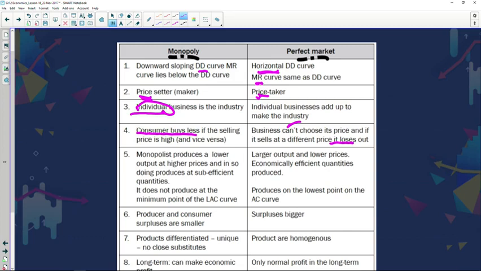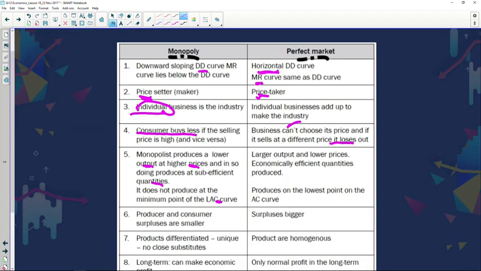Then moving on to the monopolist. The monopolist produces a lower output at higher prices. In so doing, it produces at sub-efficient quantities, because it does not produce at the minimum point of the LAC curve.